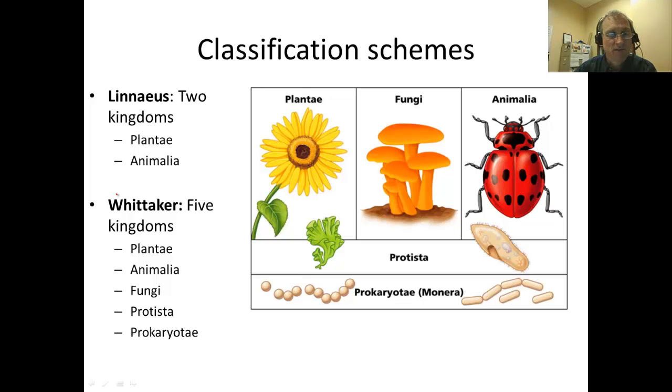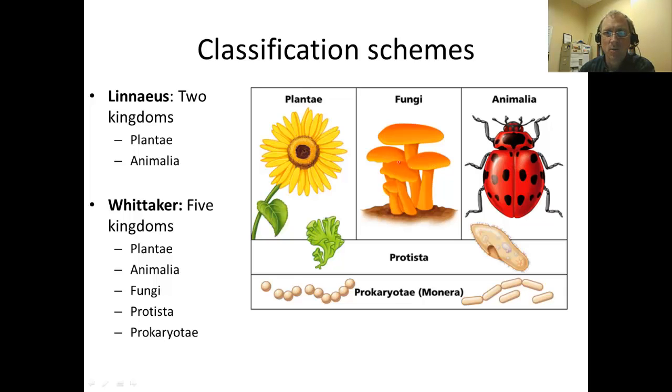The five kingdoms of Whittaker were broadly classified as plants, animals, and fungi, which were all multicellular in nature and were differentiated based on the way that each kingdom obtained its nutrition. Plants, of course, are photosynthetic and get their nutrition from the light of the sun. Animals are motile organisms, movable organisms that go out and catch and ingest and digest their food.